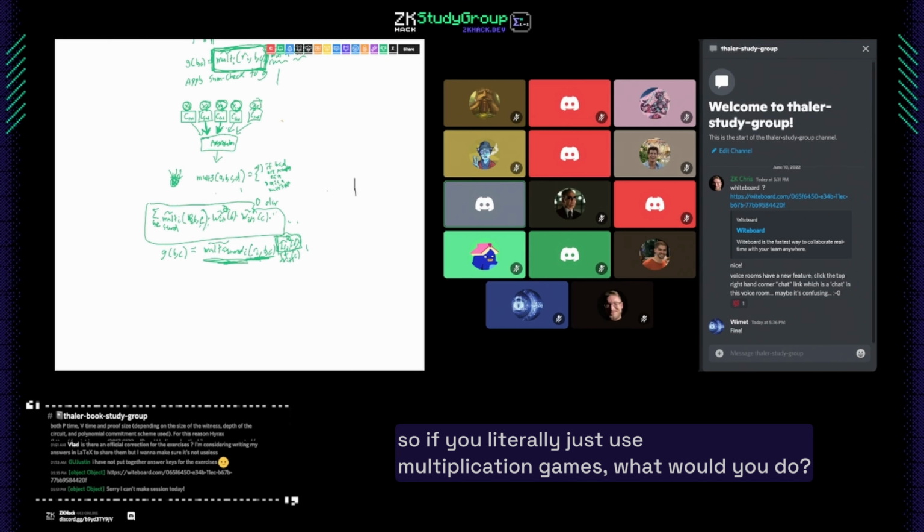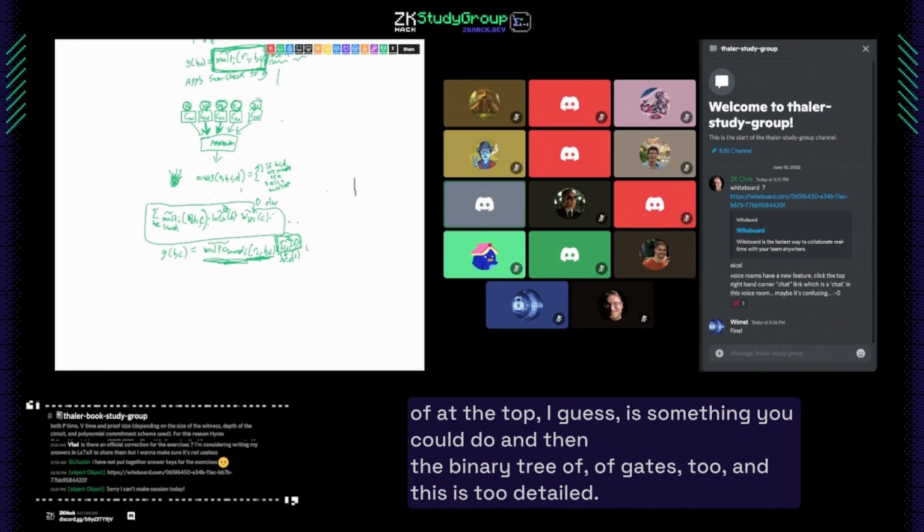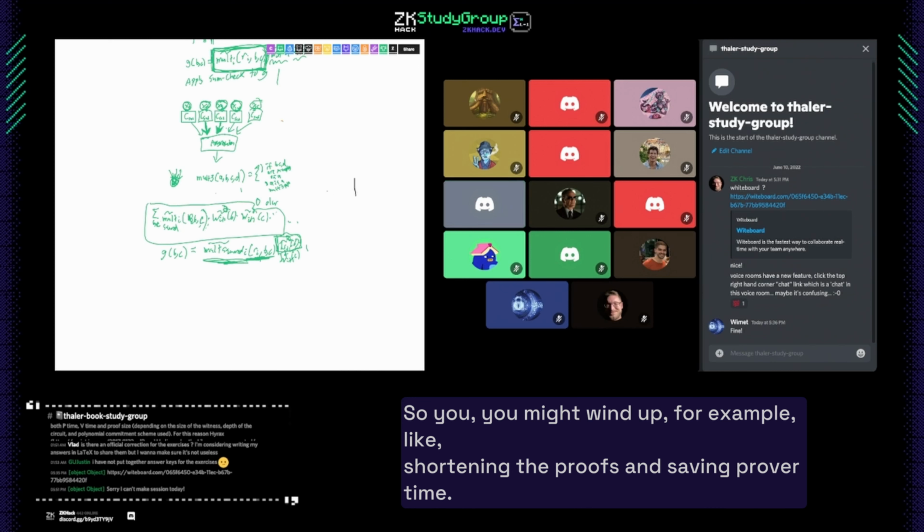If you literally just use multiplication gates, you'd have a layer of gates that does the squaring at the top, and then the binary tree of gates. But this is too detailed. At a high level, by considering a bigger gate set, you can trade off some costs for other costs. So you might wind up shortening the proofs and saving prover time.